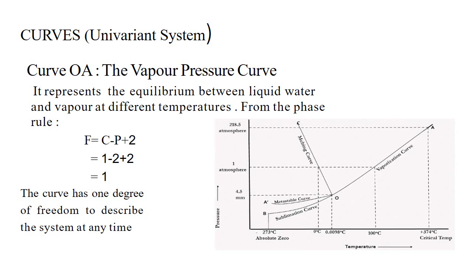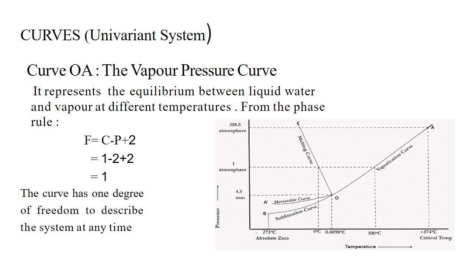This is the curve area, the area over OA. Here the system will be present in equilibrium. There will be equilibrium between the liquid phase and the gaseous phase. If we move upward from this curve, then the water will exist in the liquid form. If we come down from this curve, then the water will be in the gaseous phase.